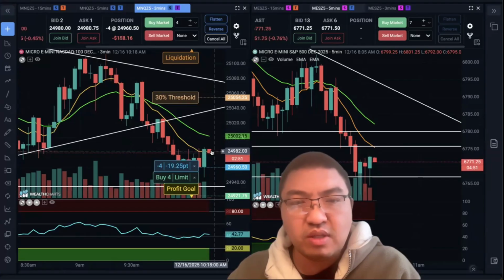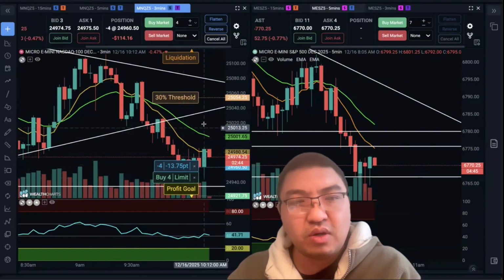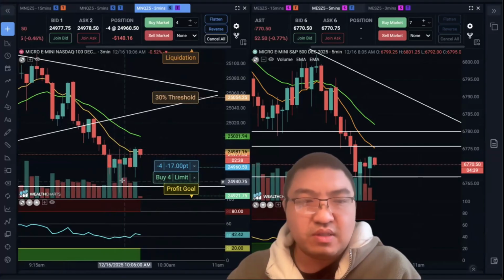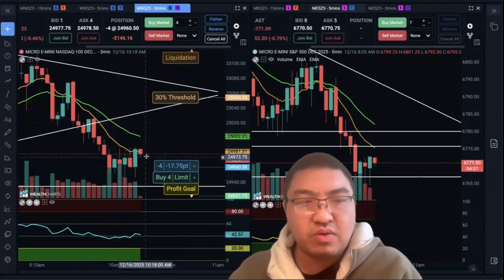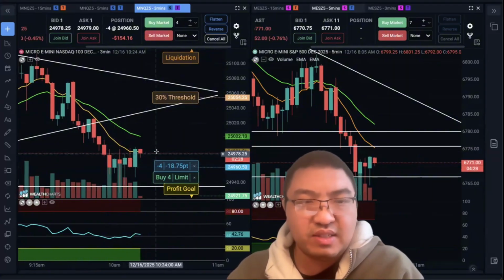Oh, EMA is defending. So this is like a flag pattern. You see? Now, out of here is just a retest. Need to engulf around here. Oh, I went short at the bottom again.